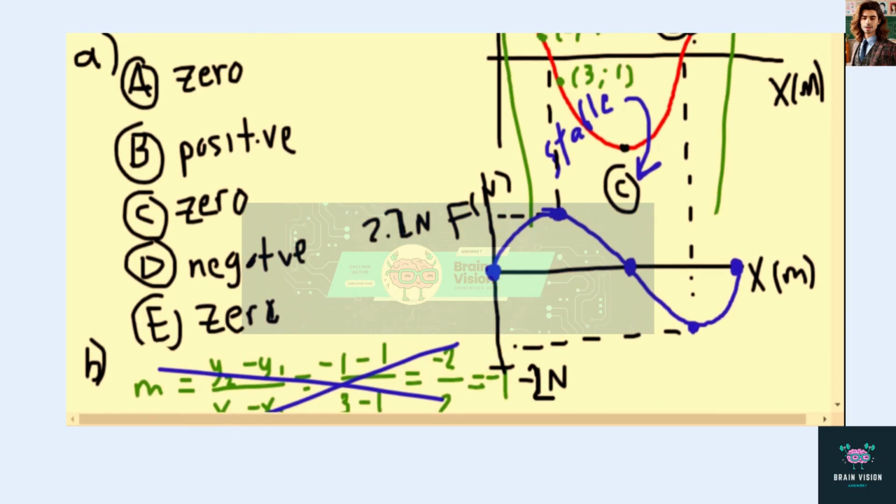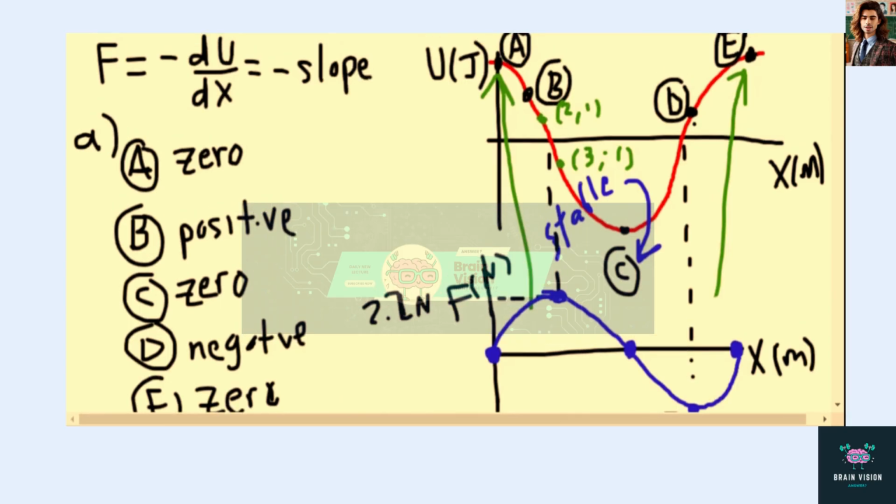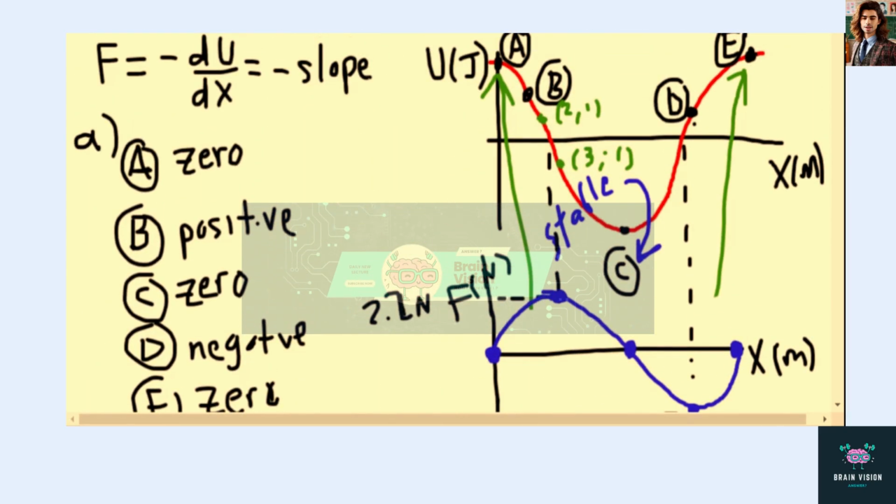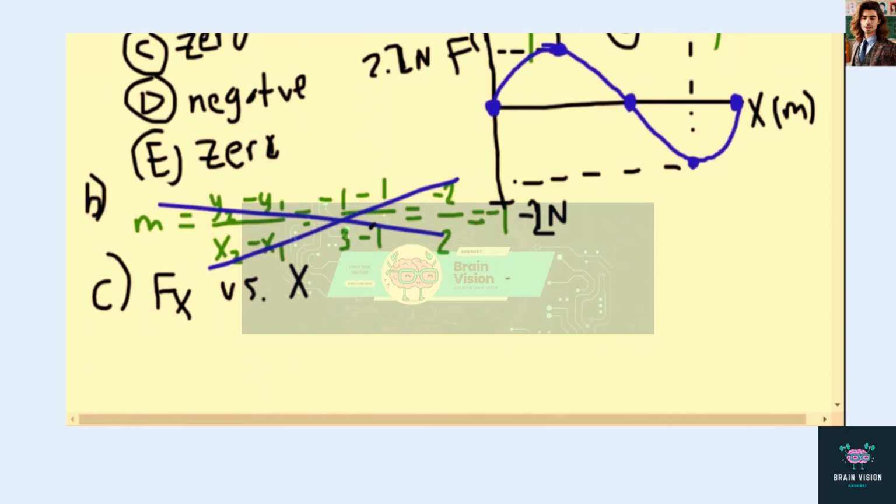And I actually do see why. 3 minus 1 is not correct. It's 3 minus 2, which would give us 1, which would give us the negative 2.